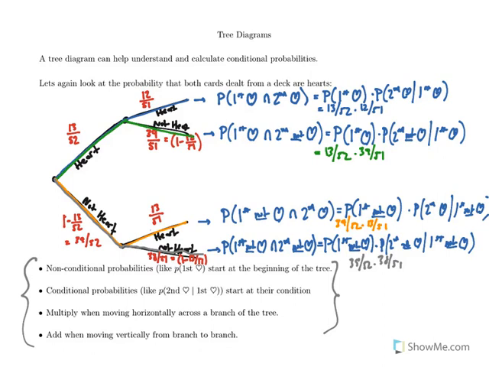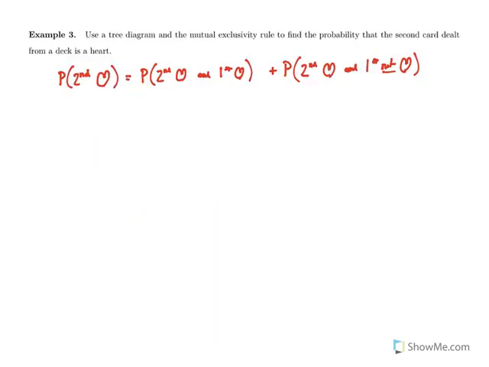So to show that the second card is a heart, there are two options there. We have this branch and this branch. We could either draw a heart at the beginning or not draw a heart. And we're going to add those two probabilities together. So this is going to give us, this guy was 13 over 52 times 12 over 51.